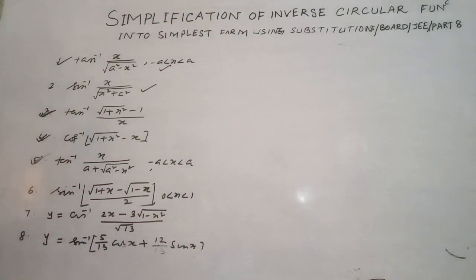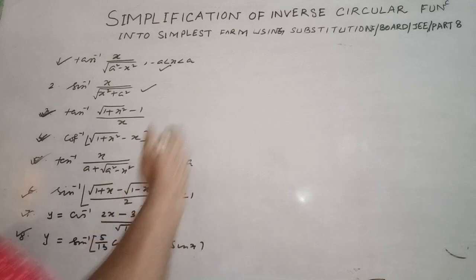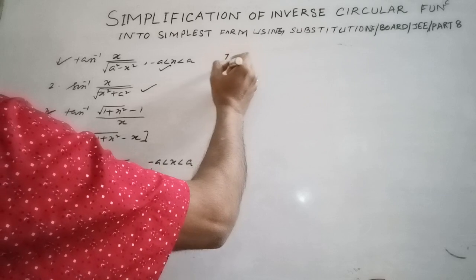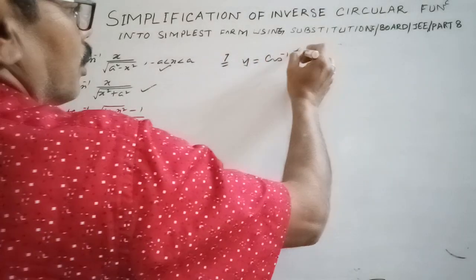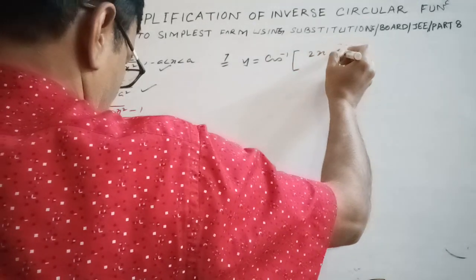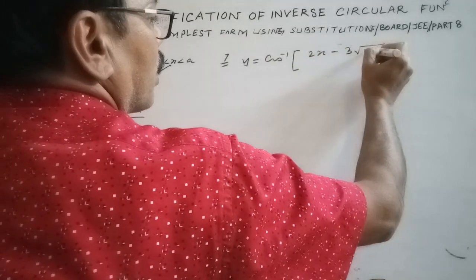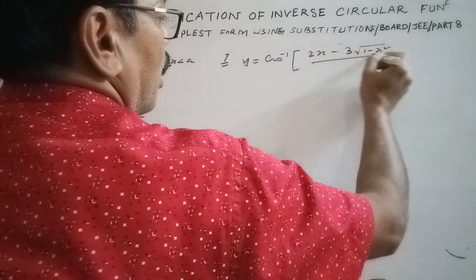Now problem number 7 and 8. Problems 6, 7, 8 are of the same type. So problem number 7: y equals cos inverse of 2x minus 3 into root over 1 minus x square, by root 13.